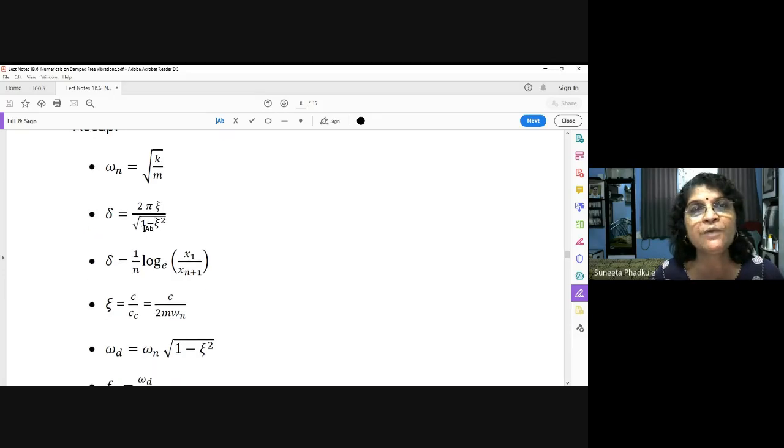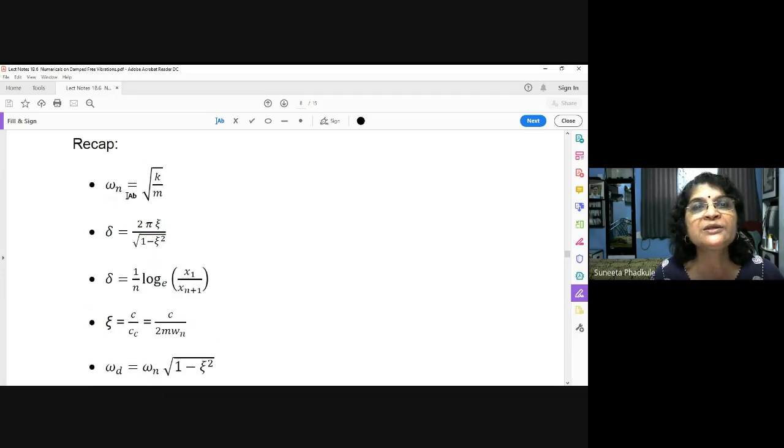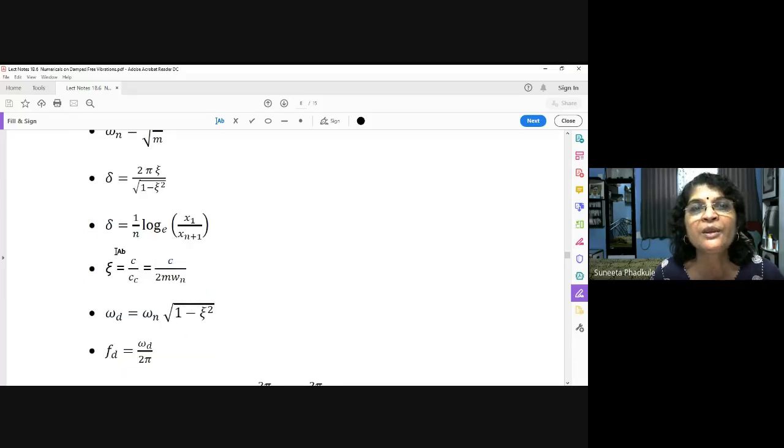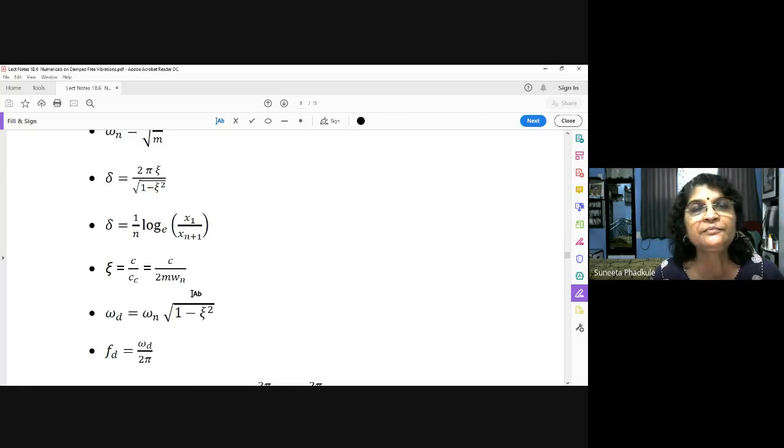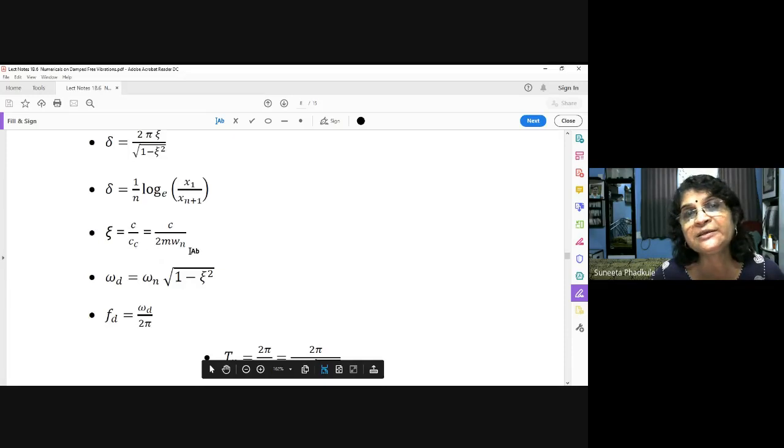So I have written here omega n is equal to square root of k upon m. Delta is equal to 2 pi zeta upon square root of 1 minus zeta square. Then delta is equal to 1 upon n log base e of x1 upon x n plus 1. This is applicable to any number of cycles. Then zeta is equal to C upon Cc, that is C upon 2m omega n.